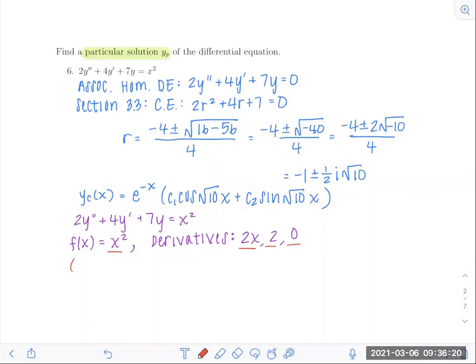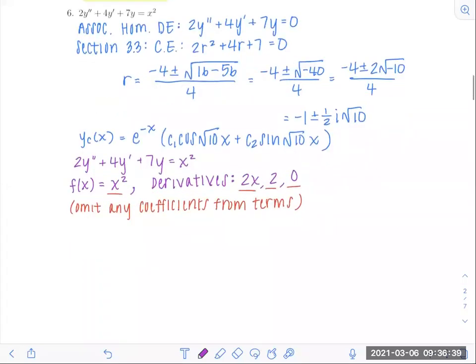So I'm just going to write a little note here to omit any coefficients from terms. So even though there is a 2x in the derivatives, I don't so much care about the 2, but I care about x. x is different from x squared.